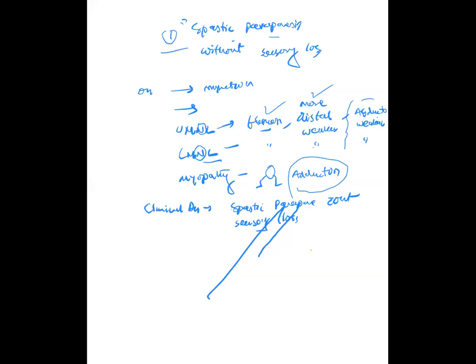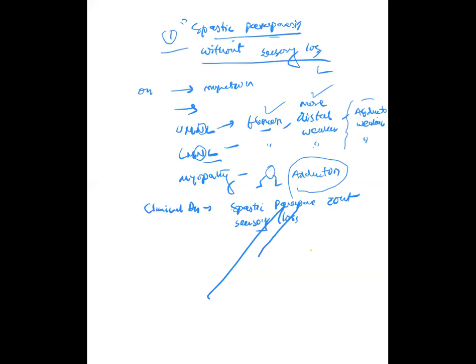I'm going to say it again. So my first case is spastic paraparesis without any sensory loss. On examination of this gentleman, there is a walking aid or a wheelchair. There is a symmetrical weakness of both legs, where distal is more weak than proximal and flexors are more weak than extensors. There is also hyperreflexia, hypertonia, and positive pyramidal sign along with clonus if present.